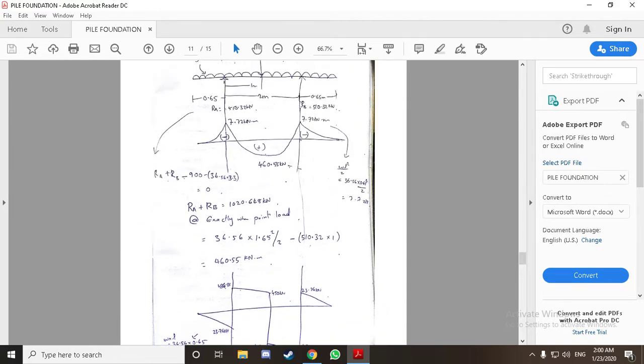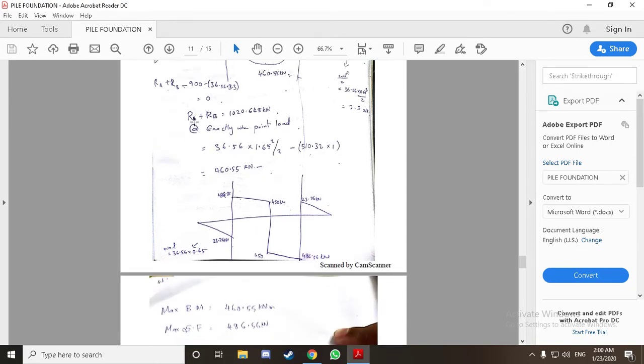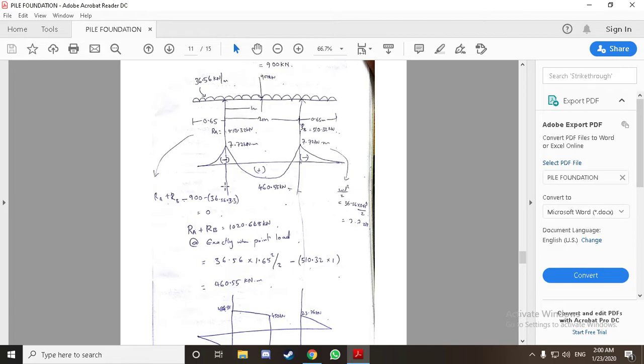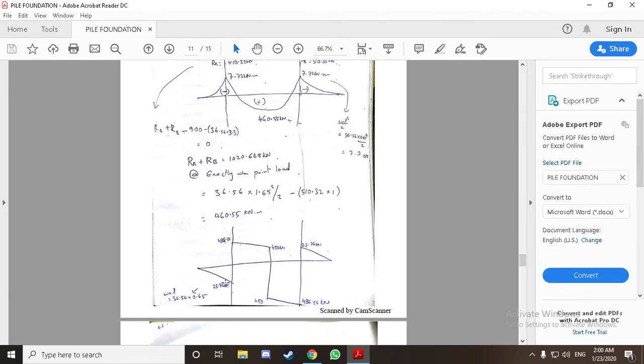Coming to shear force, for the cantilever portion we know the formula W into L: 36.56 into length 0.65. This will give us 23.76, in negative. As we know, the reaction is 510, so from minus 23.76 plus 510.32 will give us 486.55 kilonewton.